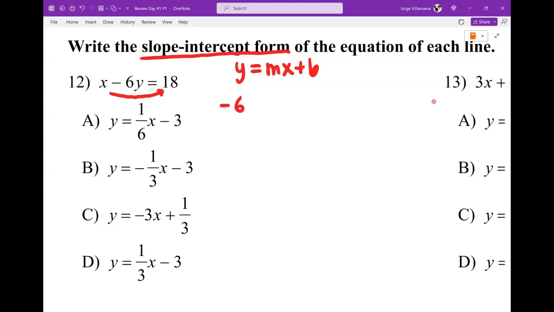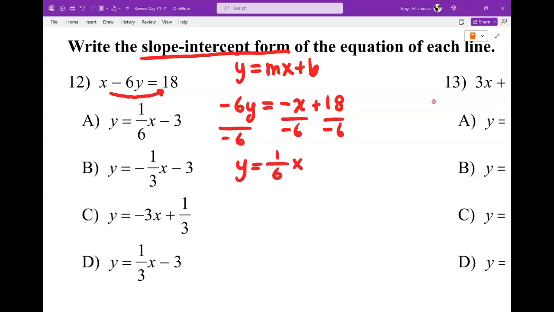So this becomes negative 6y is equal to negative x plus 18. Then I'm going to divide everything by negative 6. So y is equal to 1/6 x minus 3. So that would be A.